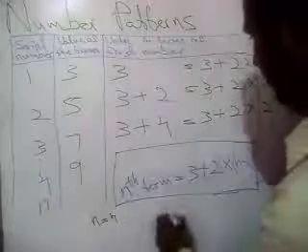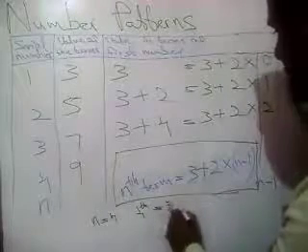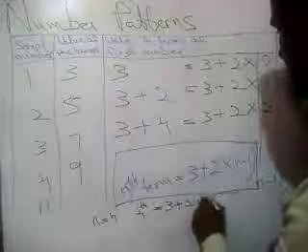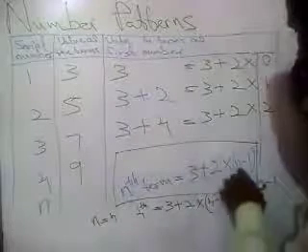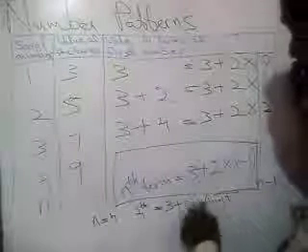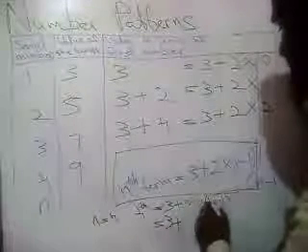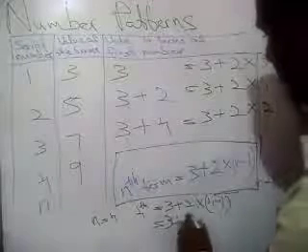That means the fourth term, the nth term, is 3 plus 2 into 4 minus 1. 4 minus 1 is 3, 3 into 2 is 6, so we have 3 plus 6, which is 9. So the fourth term is 9.